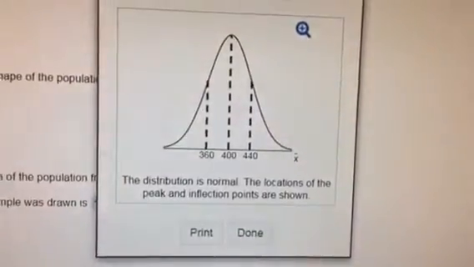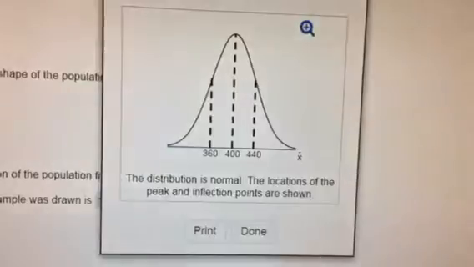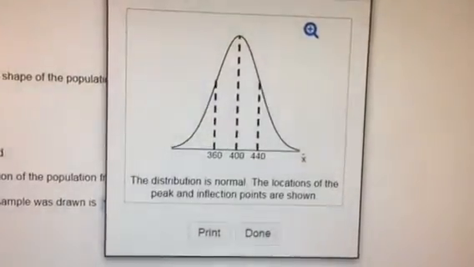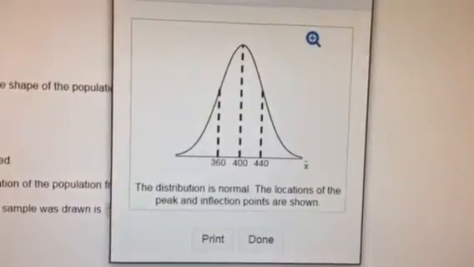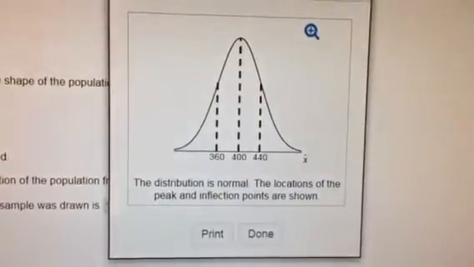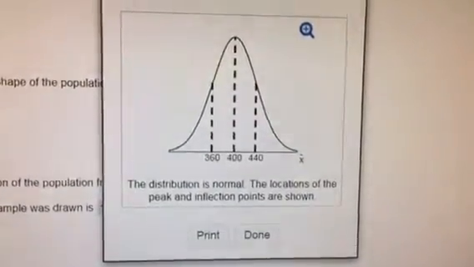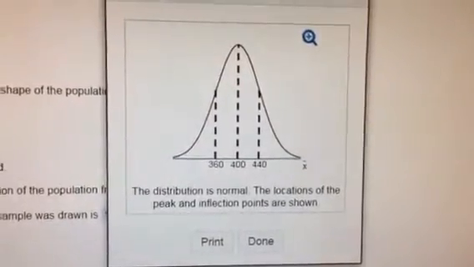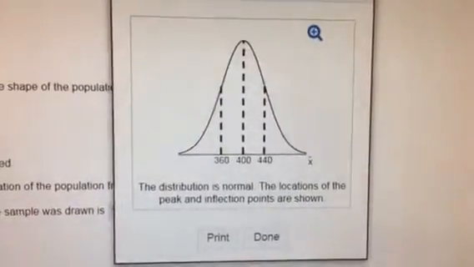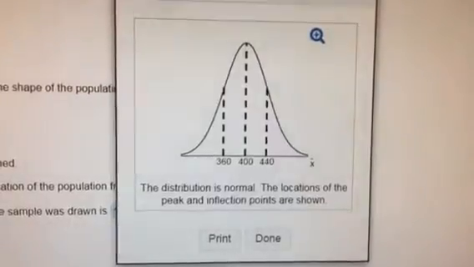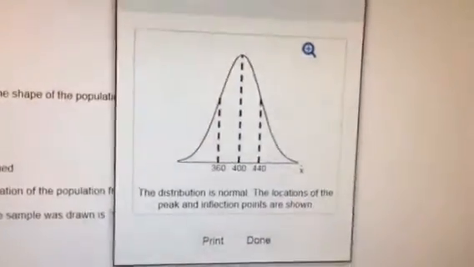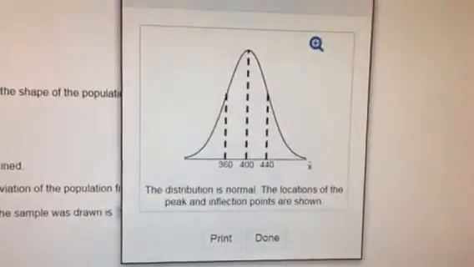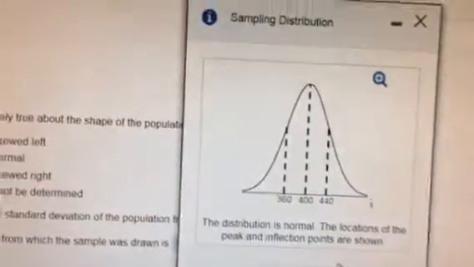If they ask what is the standard deviation of this problem, this is where they've taken the graph and adjusted the standard deviation to find the standard deviation of the means that we're going to work with. So in our particular case, the standard deviation of the means would be 40 because you subtract those two values. Now let me close this up.